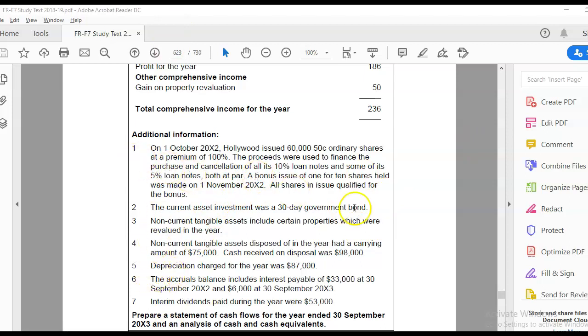If you just have a quick browsing, I know the first note is related with shares, the second is with an investment, then again assets, depreciation, and here I can spot interest payable. So I have a note related with interest payable, which says the accruals balance includes interest payables of 33,000 at 30th September 2012 and 6,000 at 30th September 2013, which means opening payable is 33 and closing is 6.